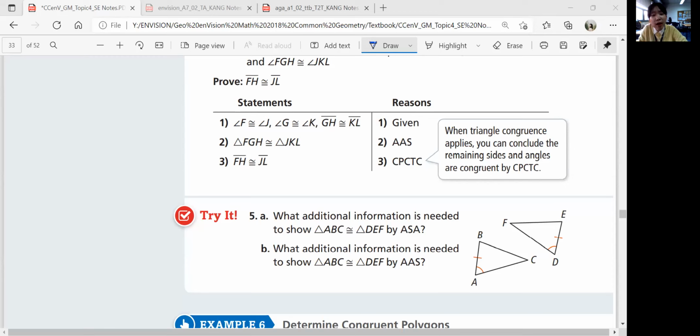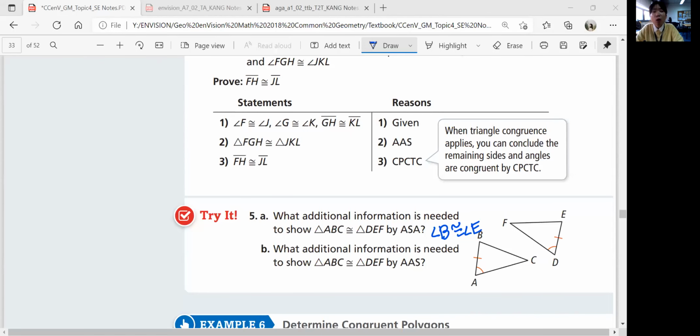So we already have angles A and D that are congruent and a side. And we determine which angles of each triangle would make the given side the included side, right? So part A, you're going to need the angles B and E. And they must be congruent to each other.